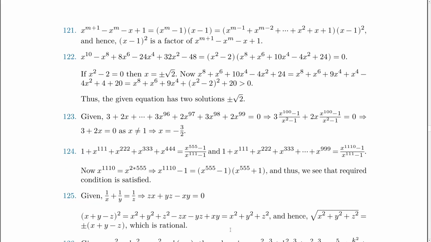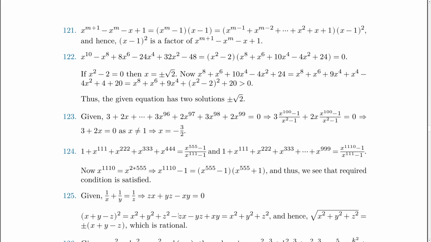So we are given that 1 by x plus 1 by y is equal to 1 by z. That implies that we simplify this. This will become (x plus y) by xy is equal to 1 by z. So zx plus yz minus xy is equal to 0. Now we look at the value of (x plus y minus z) whole squared, that is x squared plus y squared plus z squared minus 2zx minus 2yz plus 2xy.